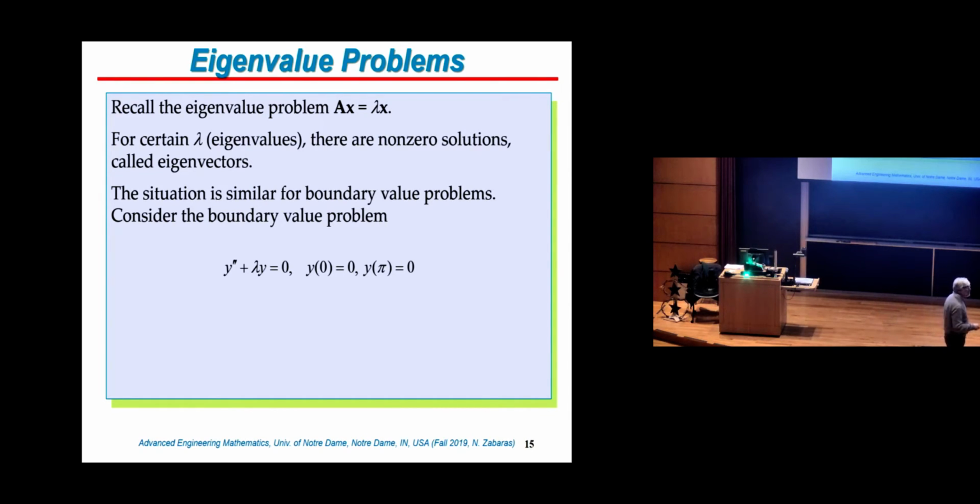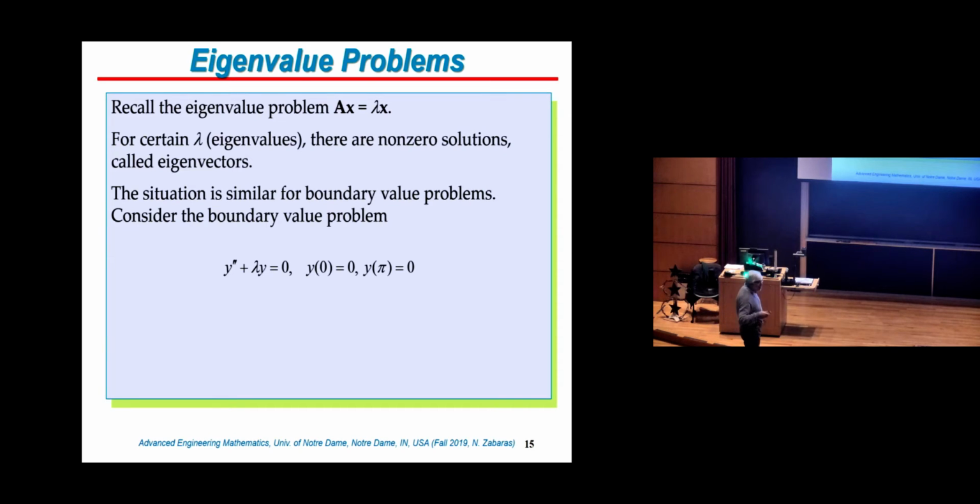So for lambda equal to 2, what was the solution to the homogeneous problem? Y equals 0. That's the trivial solution, not of interest, okay? For lambda equal to 1, what was the solution to the homogeneous problem? I don't remember, remind me. What did we get? You have your notes in front of you. What did we get for lambda equal to 1 for the homogeneous problem? Sine of x. All right.